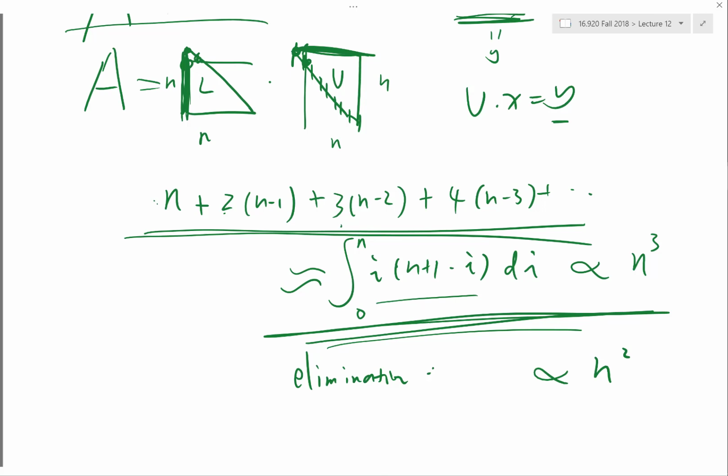So what does that mean for our partial differential equations?